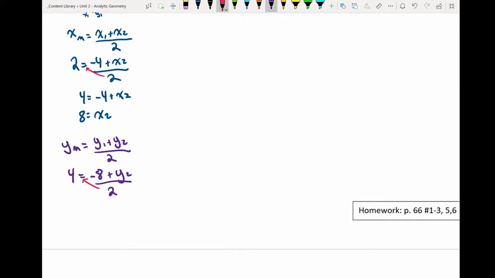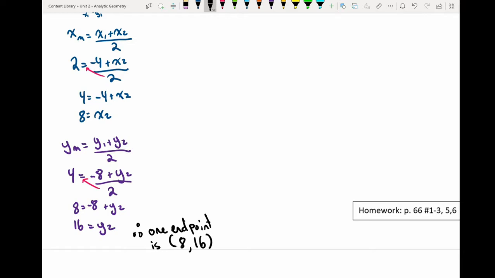And now I'm going to solve. So I get 8 equals -8 plus y2, and 16 equals y2 when I go through and solve. So therefore, one endpoint is (8, 16), the x value and the y value together as a point.